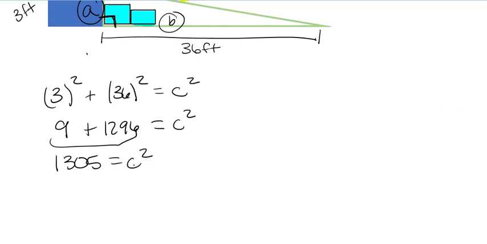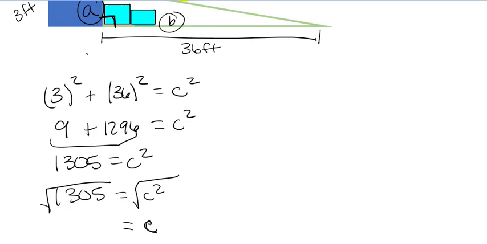And so, like we said before, in order to get what just C is, we will need to take the square root on both sides. So we will apply the square root symbol to both sides. Now the square root of C squared is just equal to C, because C times C is C squared.